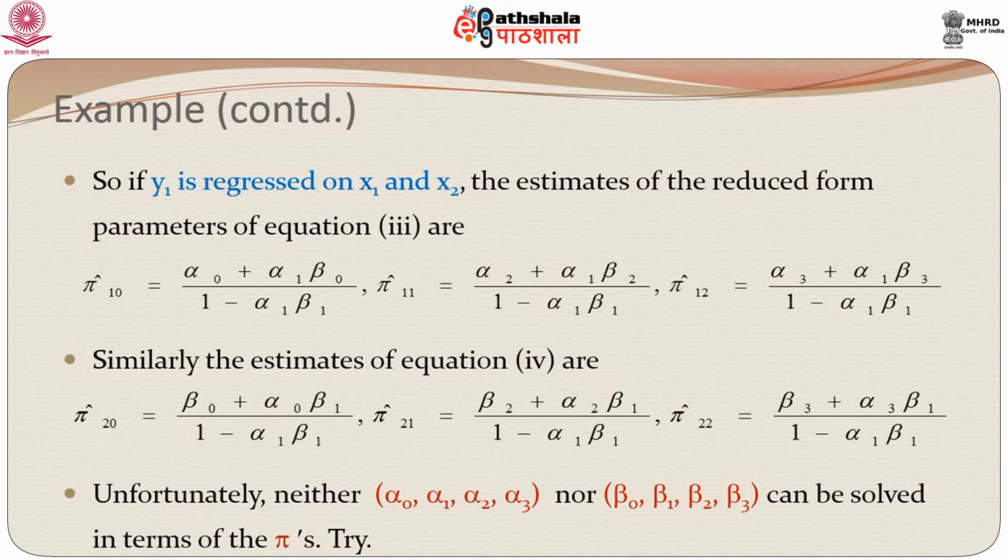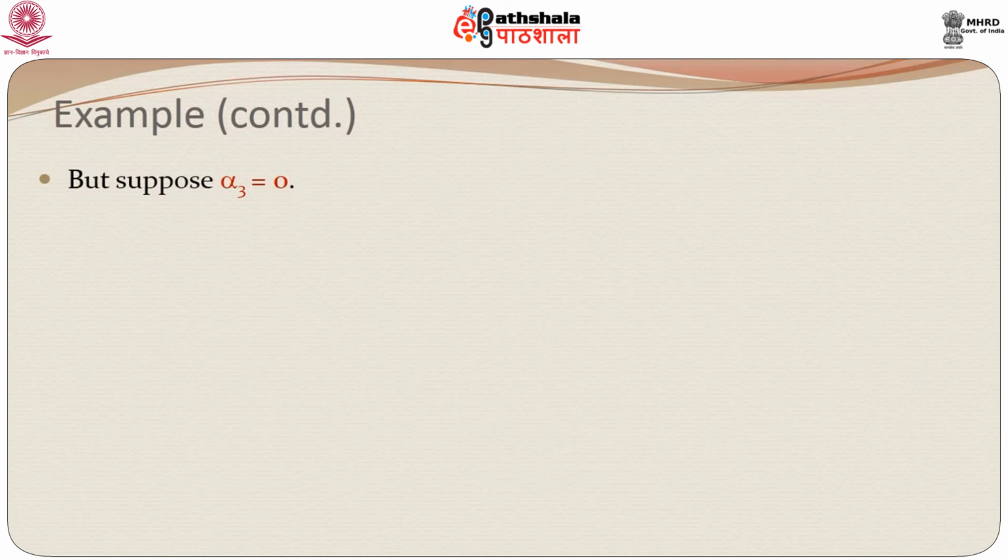Let us look at a slightly different problem. Suppose in these two equations alpha 3 was equal to 0. Remember, alpha 3 is the coefficient of x2 in the first model. So, the first model now only has y2 and x1 as the two explanatory variables with the given coefficients.